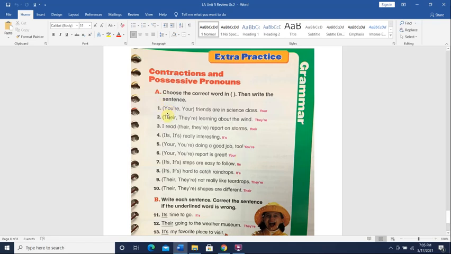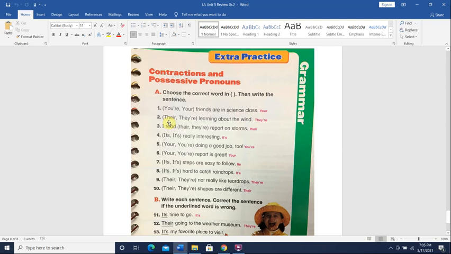Okay. So number 1, if you read it as a contraction, you will read it as you're, and this one is your also. Okay. Your friends are in science class. If we read this, it will be you are friends are in science class. No, it will be your friends, the friends that belong to you. So your friends are in science class.